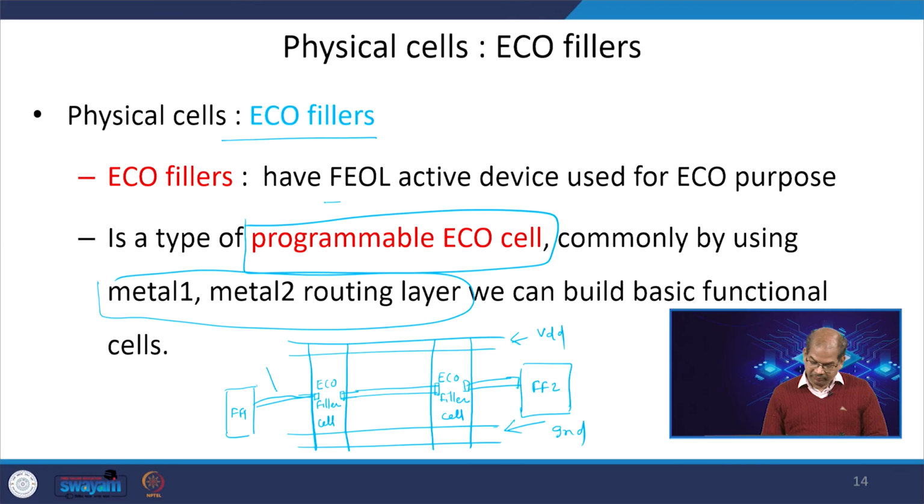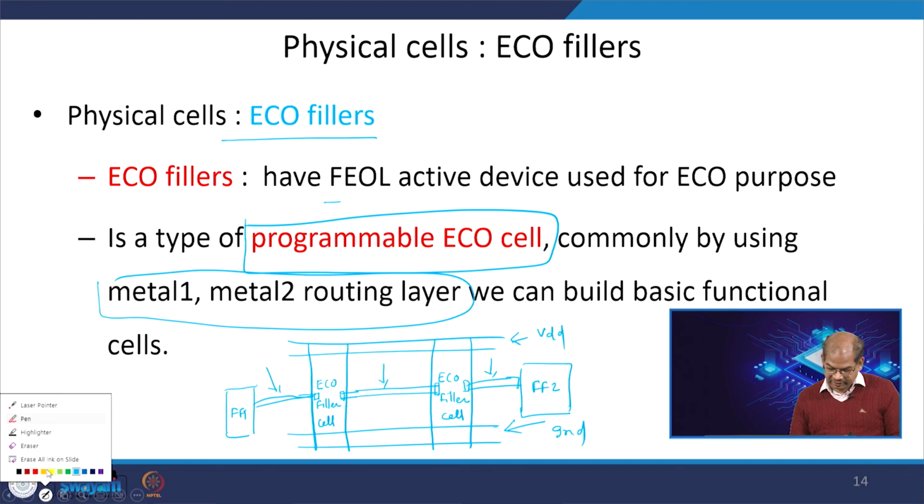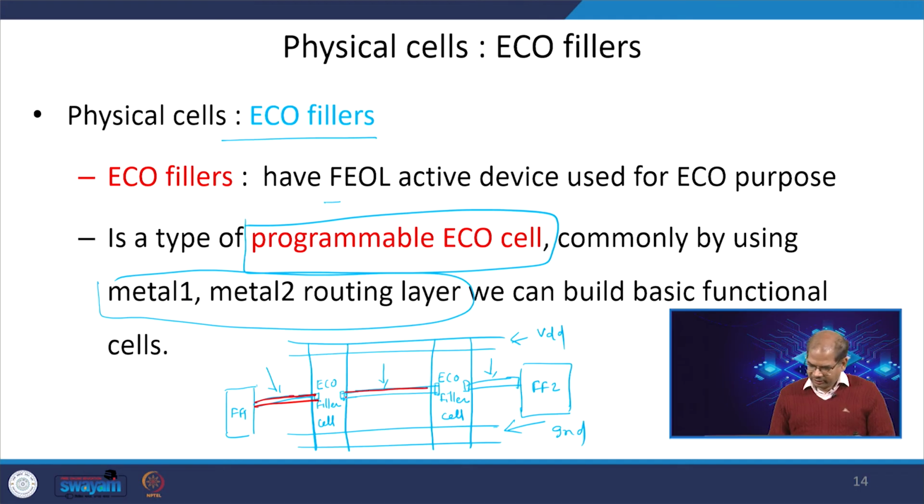So, these are in metal 1 and metal 2. These are all in metal 1, I can draw it in a different color to distinguish that. So, these are in the same metal. This can be any metal, but we are using just for example metal 1 and metal 2.